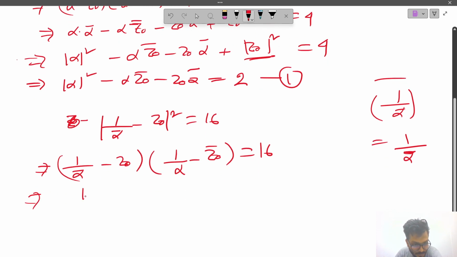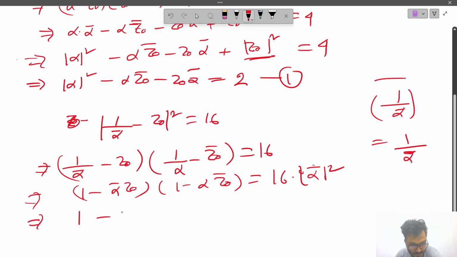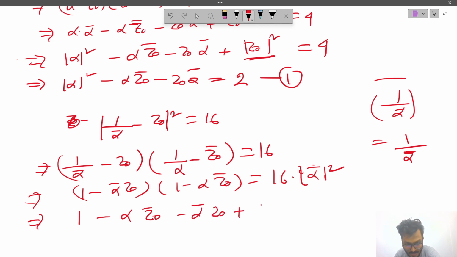Now multiply this (1 - ᾱz₀)(1 - αz̄₀) = 16αᾱ, so this will be |α|². So this is 1 - αz̄₀ - ᾱz₀ + |α|²|z₀|² = 16α².